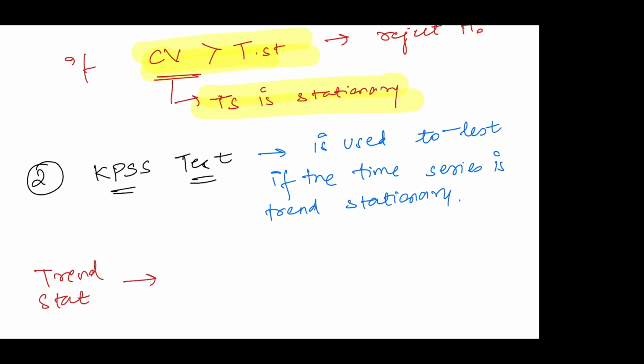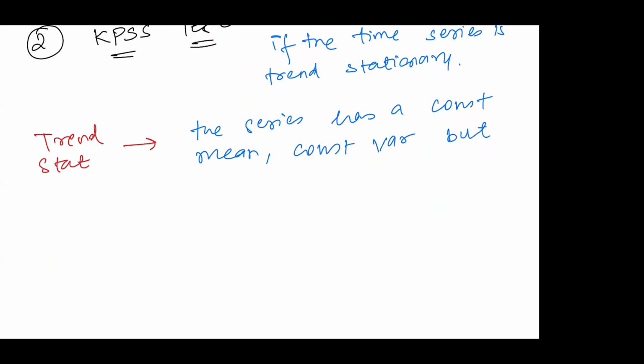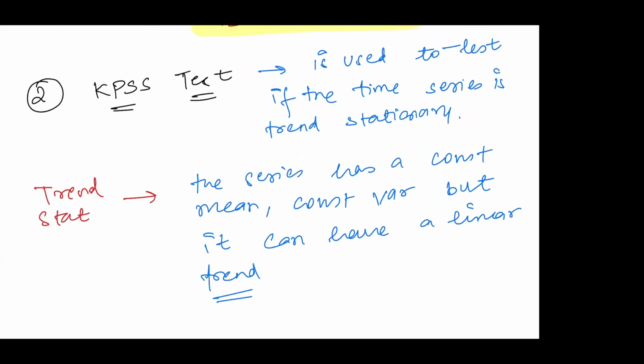Trend stationary basically means that the series has a constant mean, constant variance, but it can have a linear trend. Always remember, this is what we say as trend stationary.